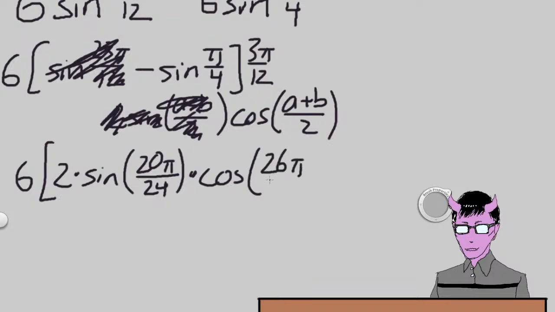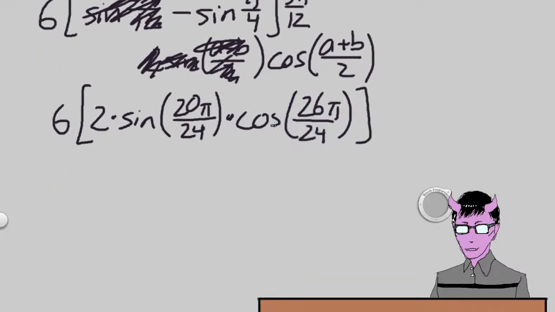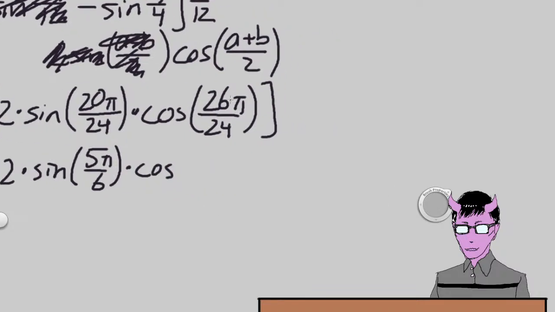I'm going to steal the work. Close the brackets. Alright. So we can just distribute this one because it's all multiplication. 12 times. Simplify this nonsense. Divide by 4, divide by 4. Yeah, this is a bad situation. Yeah, you see this? We're going to get 13 pi over 12.